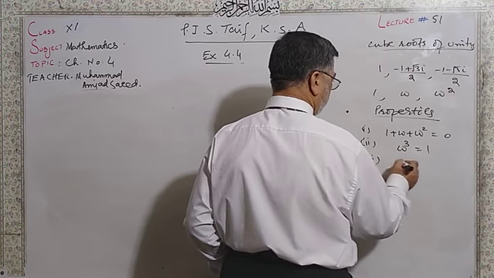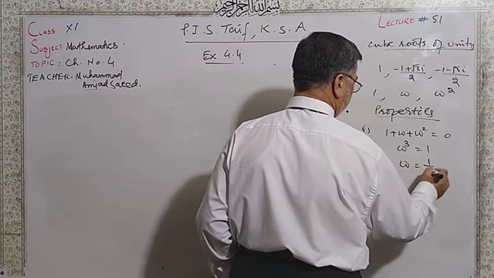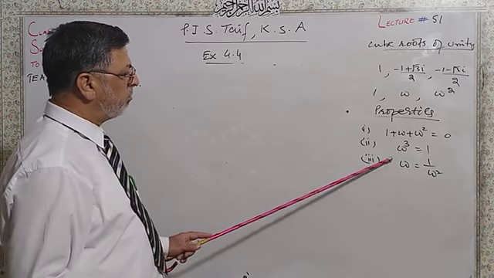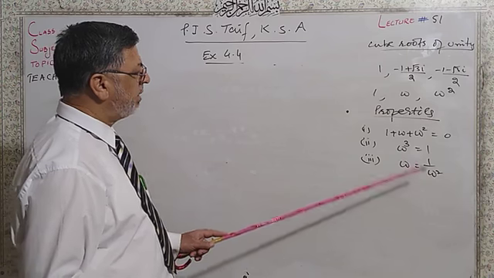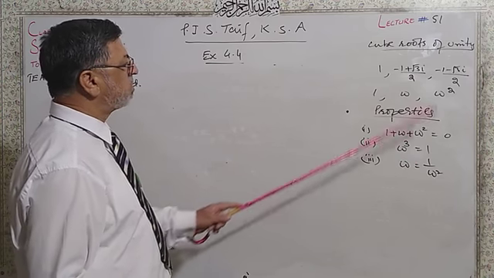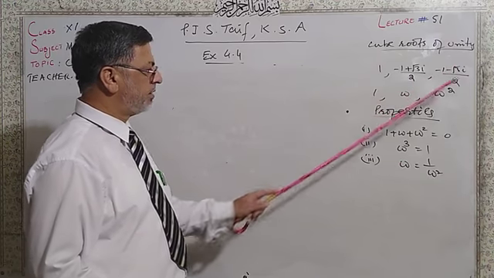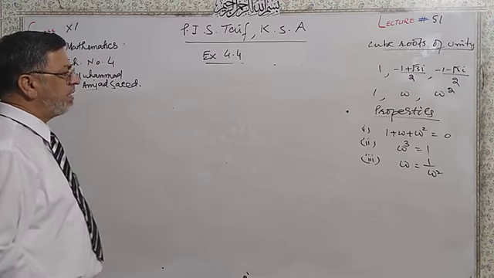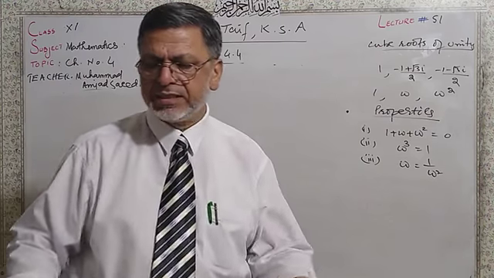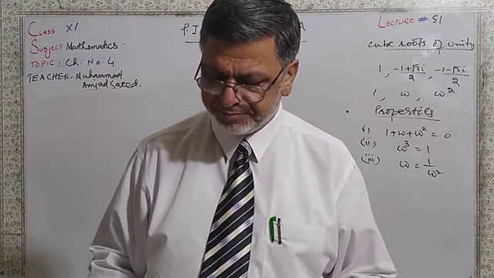Similarly, both complex roots of unity are the reciprocals of each other. These are the complex roots because iota is involved here. So dear students, these are some concepts which will be used in your next exercise 4.4.